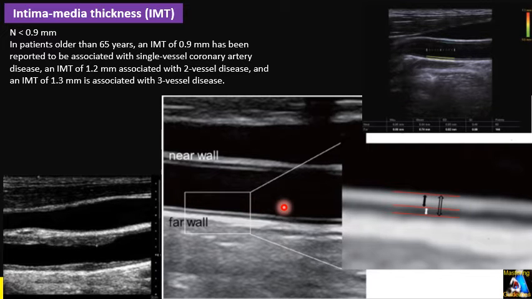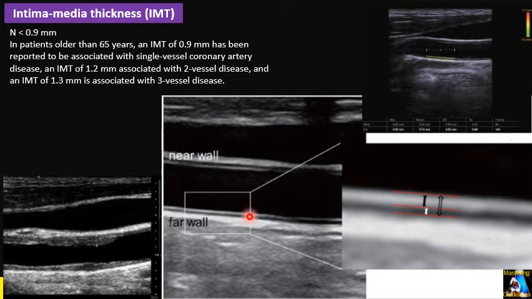And the technique for measurement, we can use manually or automated. Nowadays, most vendor ultrasound machines have an automated technique. We just use the option and then select that area. The machine automatically calculates the average and maximum and everything. Or we can do it manually.